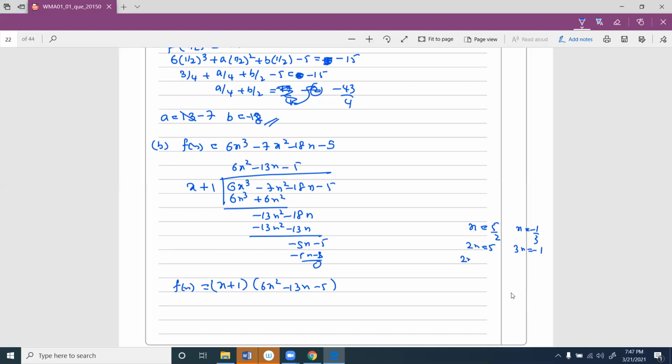So you can write 2x minus 5 this side and 3x plus 1 this side. Then you can write x plus 1, 2x minus 5 and 3x plus 1, and finish off the answer, or you can do the manual factorizing and obtain this answer. That's a way of doing this kind of question.